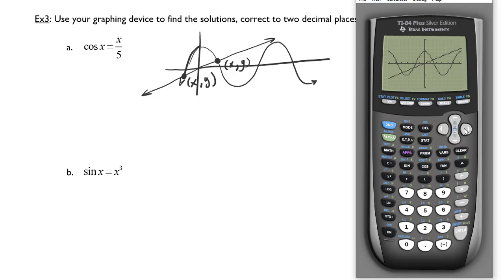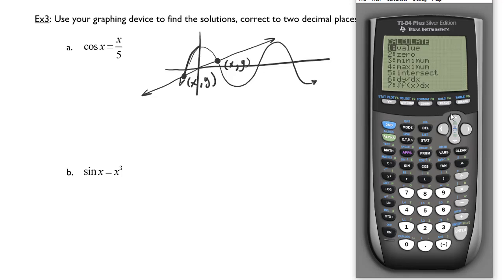Now I can see that the cosine function is crossing the x over 5 function in 1, 2, 3 places. 1, here, 2, and 3. So let's go ahead and find the intersections.